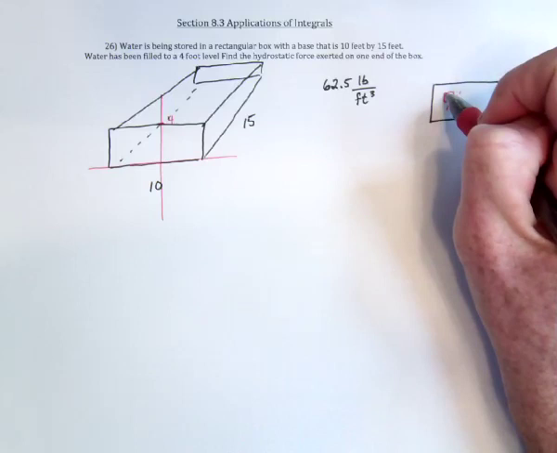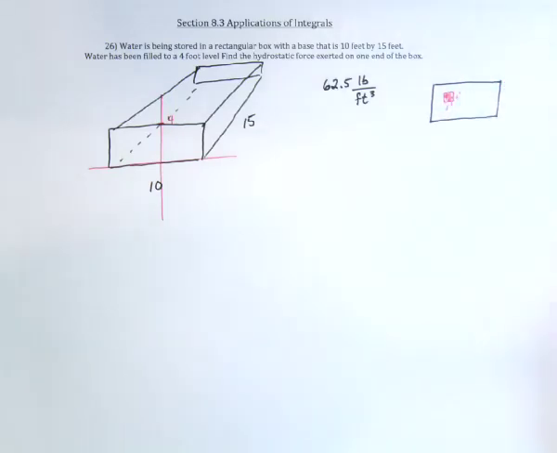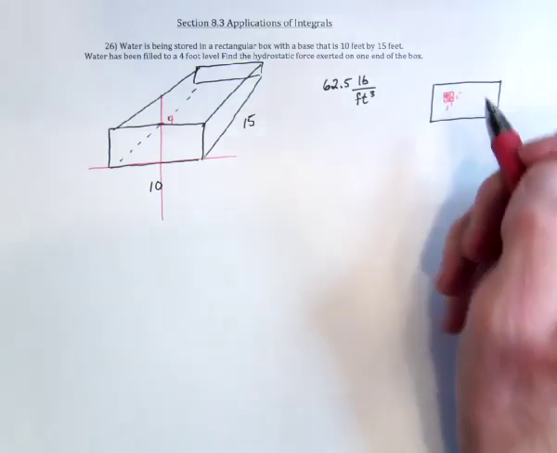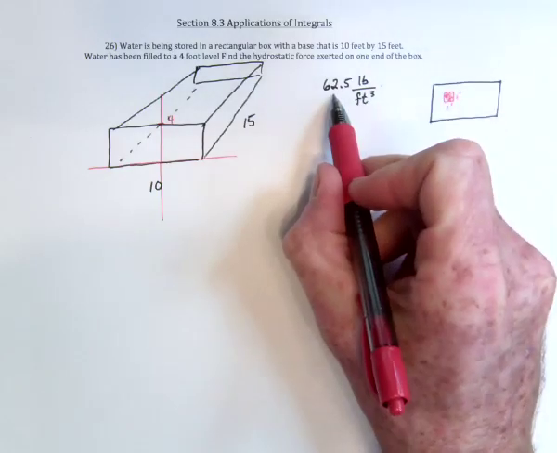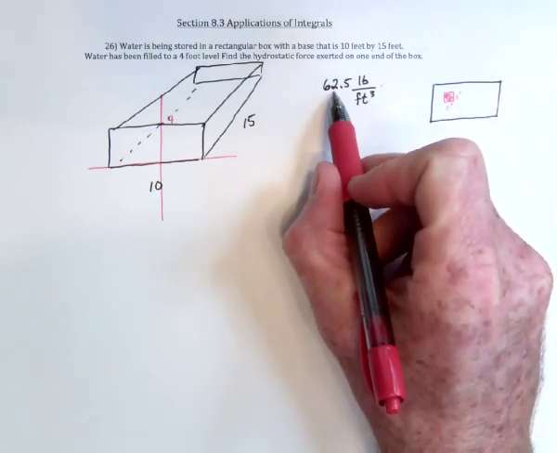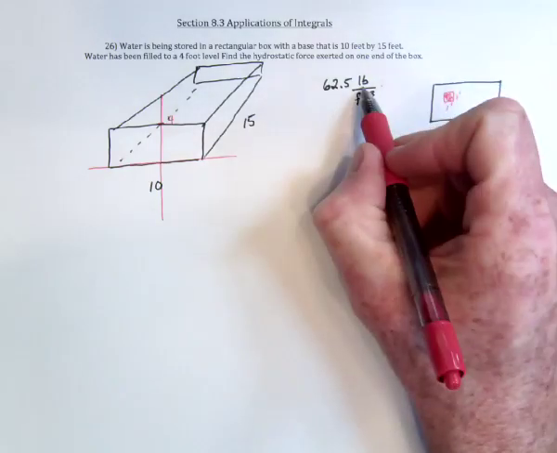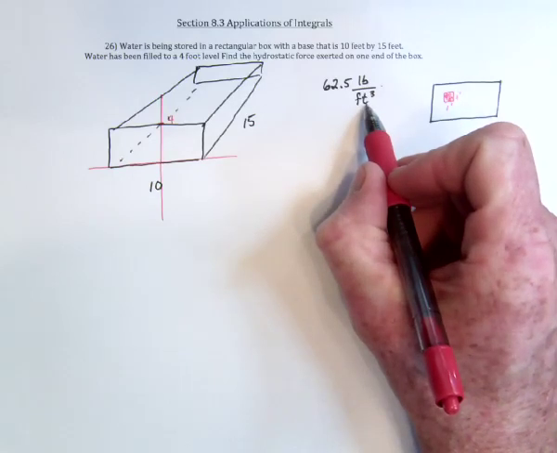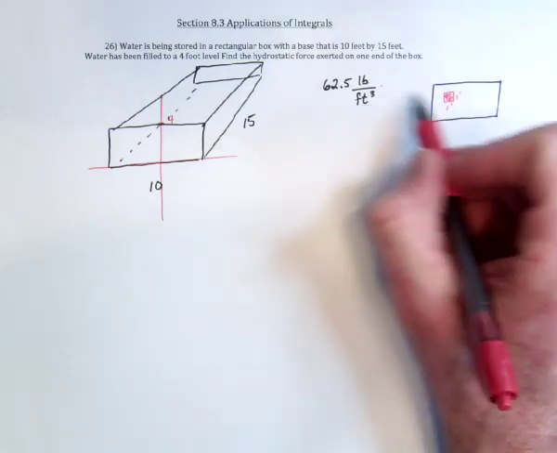The area of that, of course, is 1 foot. And you multiply how much the water is pushing on it.